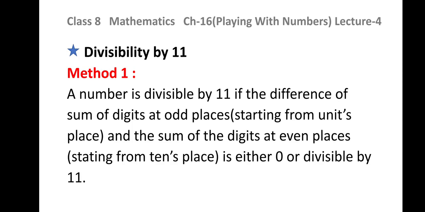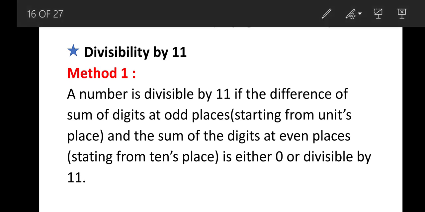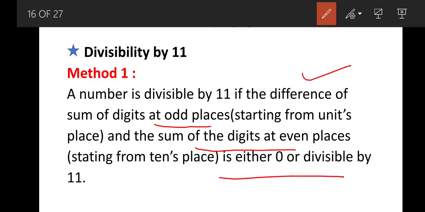Dear children, first of all you are supposed to take the sum of the digits at odd places, and then the sum of the digits at even places, and then you take their difference. It should be either 0 or divisible by 11. This is the rule.